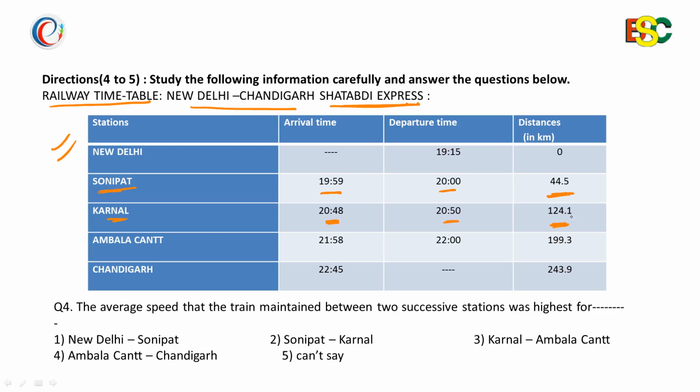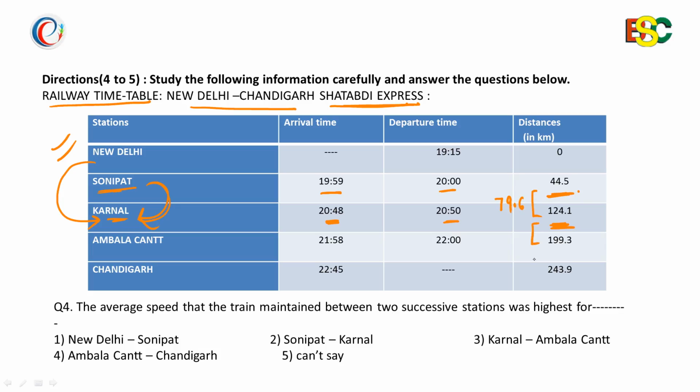This 124.1 kilometers is not the distance traveled by the train from Sonipat to Karnal, but it is the distance traveled by the train from New Delhi to Karnal. Okay, it is the cumulative one. So if you want to find the distance traveled by the train from Sonipat to Karnal, straight away we have to subtract 44.5 from 124.1, which is equal to 79.6.